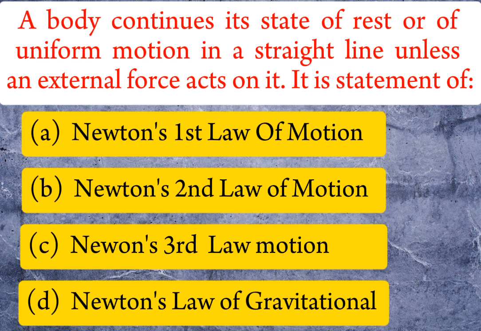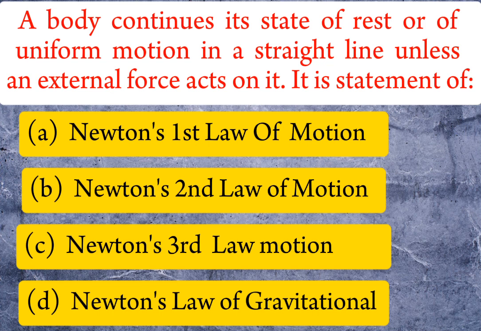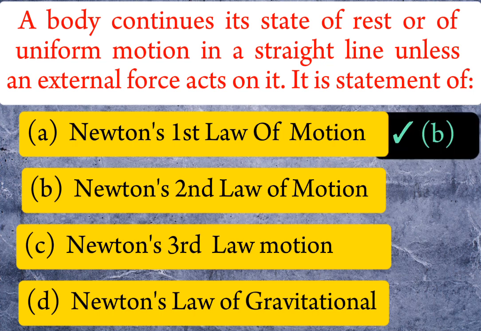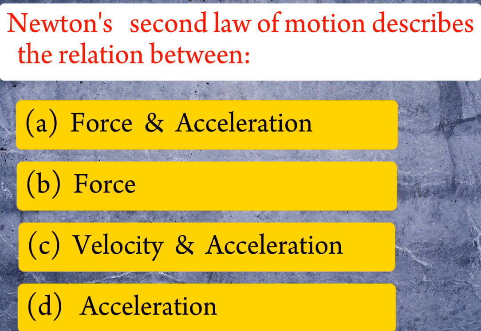It is a statement of: A) Newton's first law of motion, B) Newton's second law of motion, C) Newton's third law of motion, D) Newton's law of gravitation. Newton's second law of motion describes the relation between: A) force and acceleration, B) force, C) velocity and acceleration, D) acceleration.